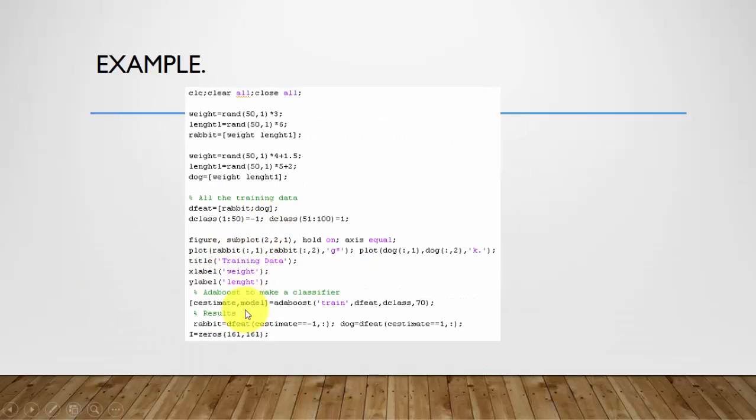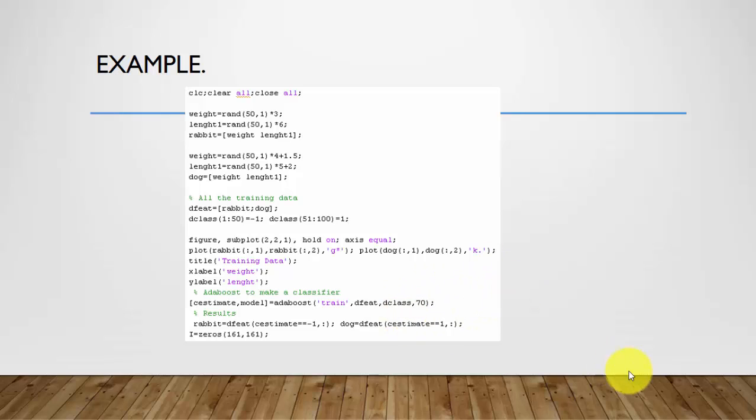And then we have to use Adaboost. This is a function that includes the algorithm with all the operations. You can also change the number of iterations, but it's very important that the number of iterations not be too big.